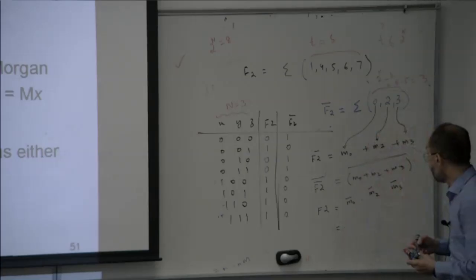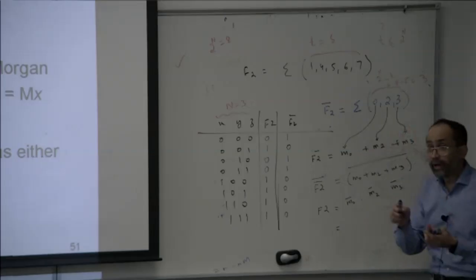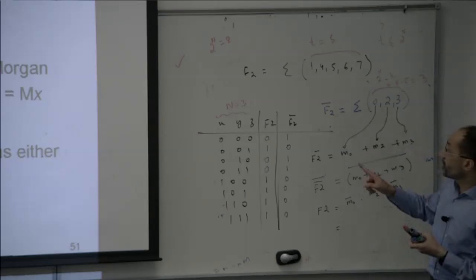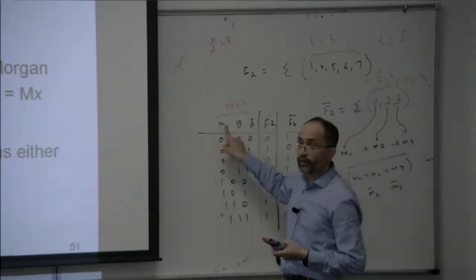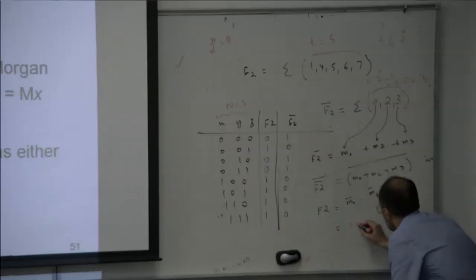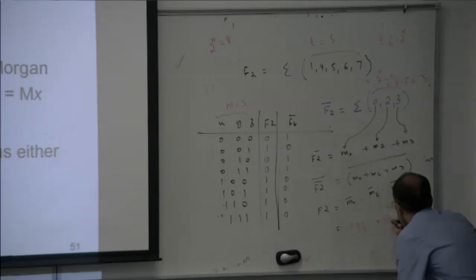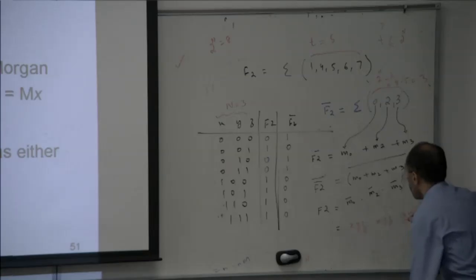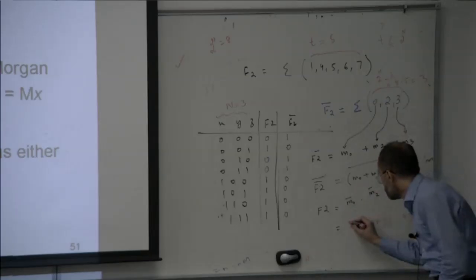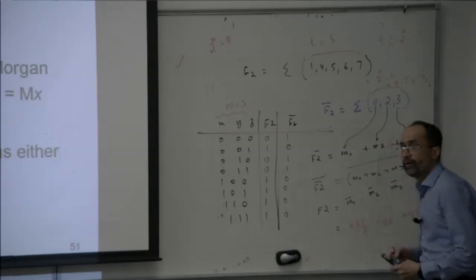Now look at here. It's very important. Now if you look at m0, m0 is what? The min term. Is it a function? It's a function of what? X, Y, Z. So can we say X, Y, Z is 0, 0, 0.